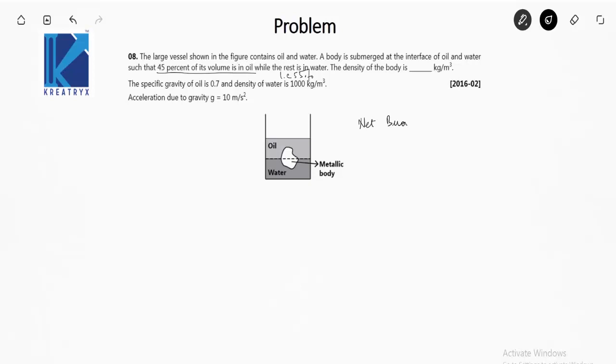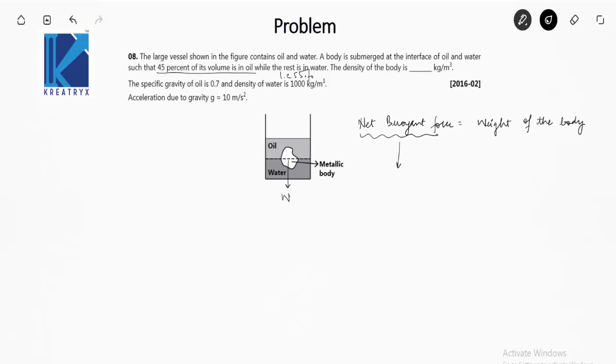Net buoyant force is equal to weight of the body, and net buoyant force is equal to the buoyant force by oil and the buoyant force by water, which will be in the upward direction. Buoyant force acts in the upward direction and weight of the body will be in the downward direction.